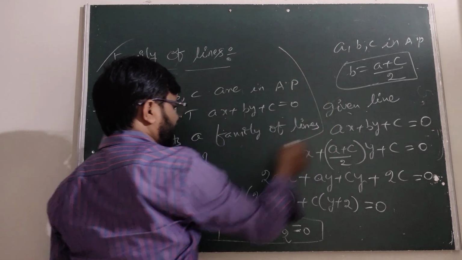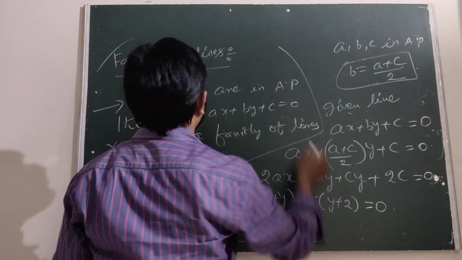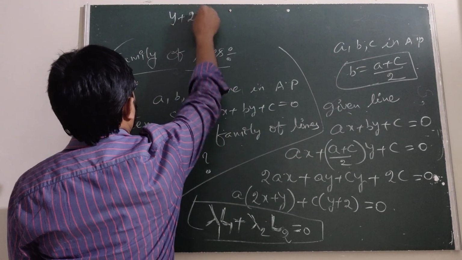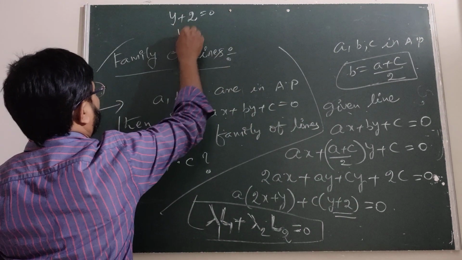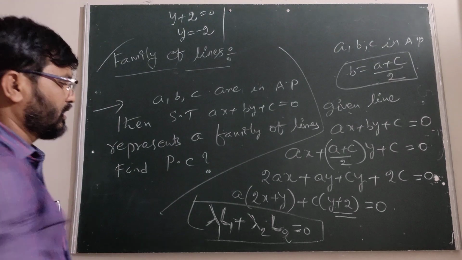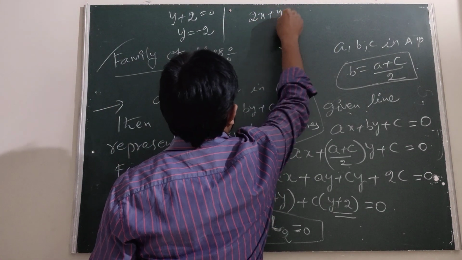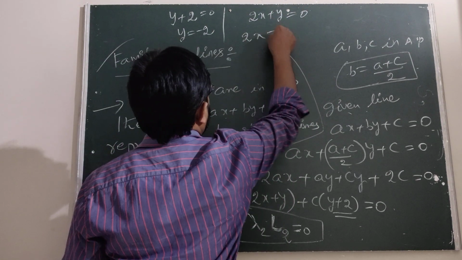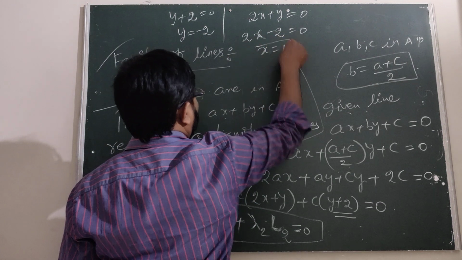Therefore, L1 is this one, L2 is this one. First we take L2 equal to 0, y plus 2 equal to 0, so y equals minus 2. And the other one is 2x plus y equal to 0, that is minus 2. Therefore, x equals 1.